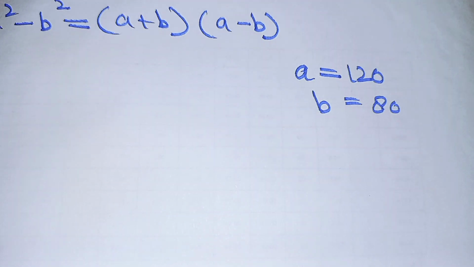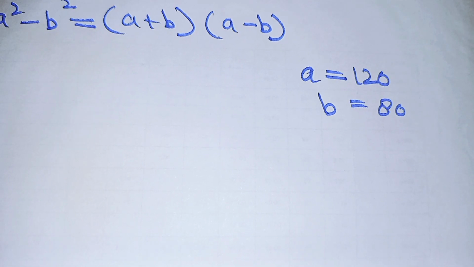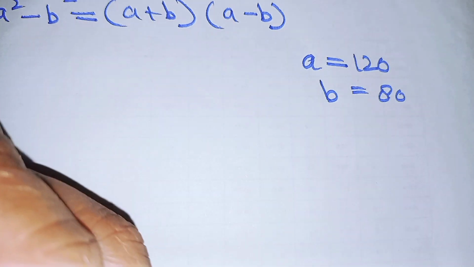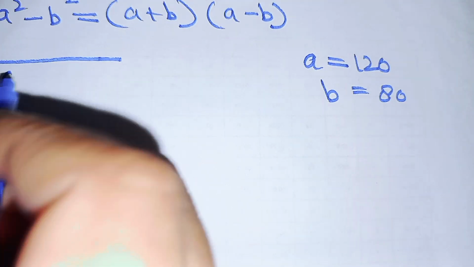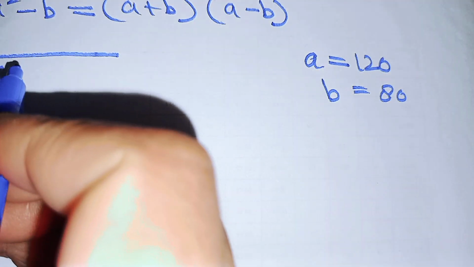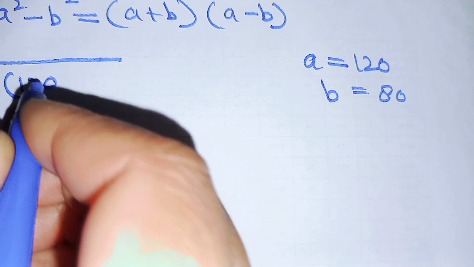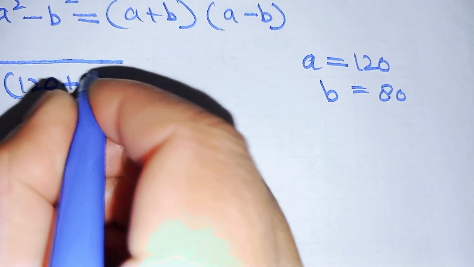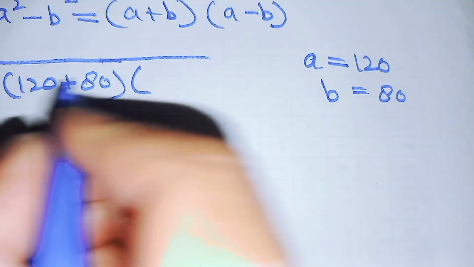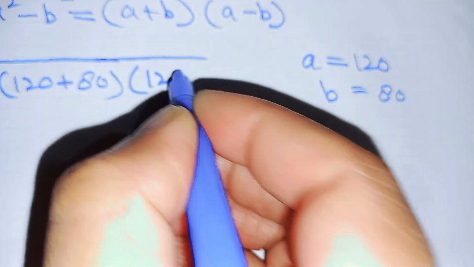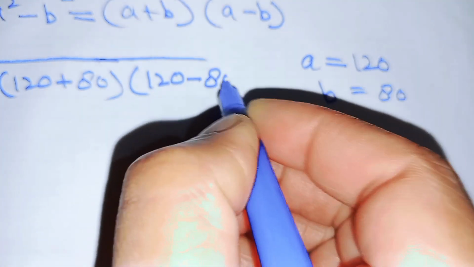And so we substitute the values, and it can be written as the square root of (a is 120 plus b is 80), then (a is 120 minus b is 80).